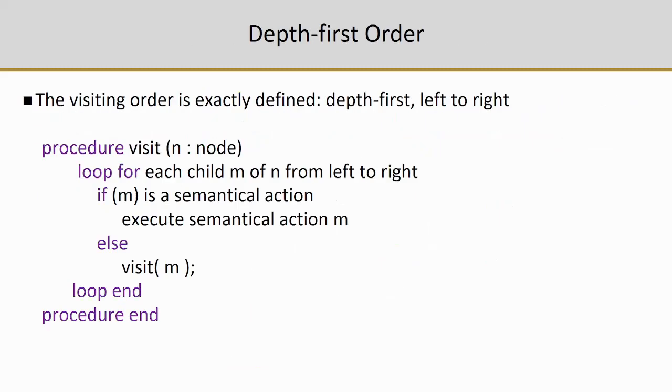Okay, what is the depth first order? If we have a node, first we go through all the children. If the child is a semantic action, we execute it, otherwise we visit the node. We continue this loop until we have no other child, and then we are finished.